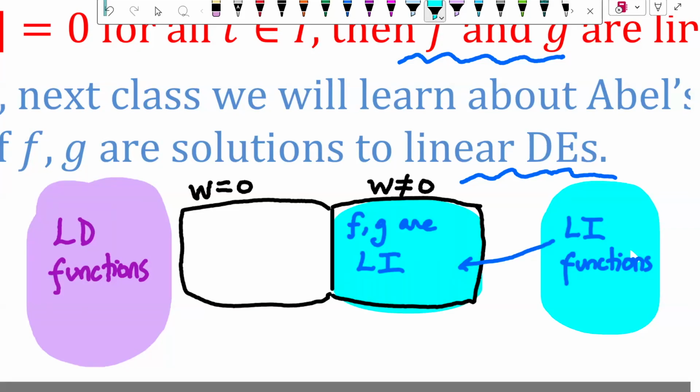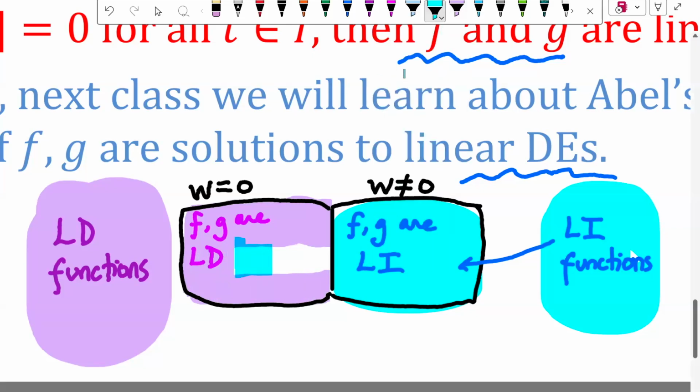What about if your Wronskian is 0? We know that there will be some linearly dependent functions f and g, but not all of them. In fact, there will be some subset of functions f and g that are linearly independent, but that have a 0 Wronskian.